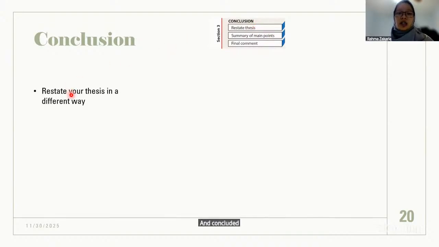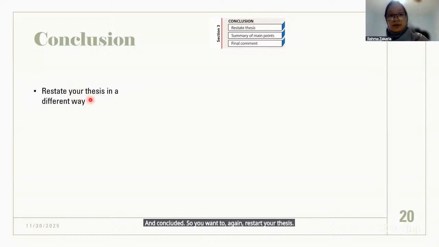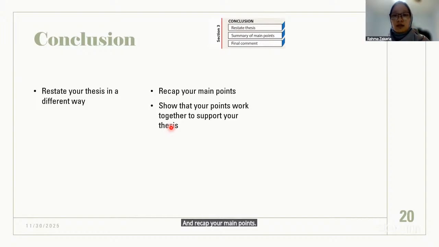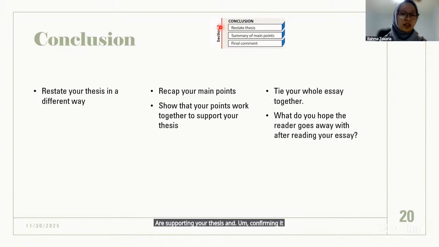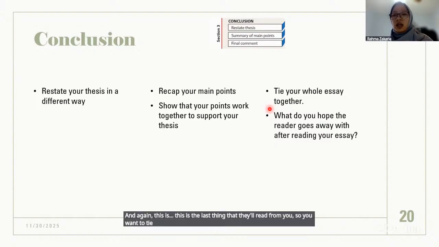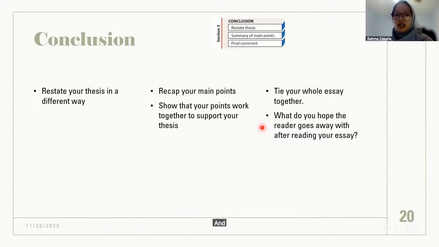So you want to, again, restate your thesis to remind the reader that this is what you wanted to convince them of by writing this essay. And recap your main points and show how these main points are supporting your thesis and confirming it. And again, this is the last thing that they'll read from you. So you want to tie your whole essay together and leave your reader with something that they can keep thinking about as they move on.